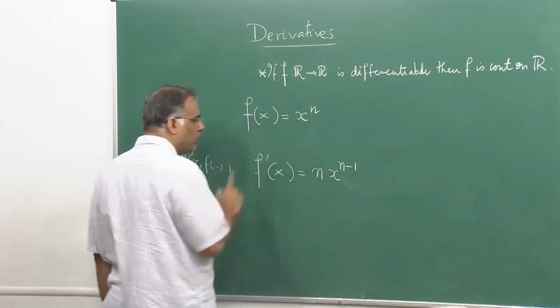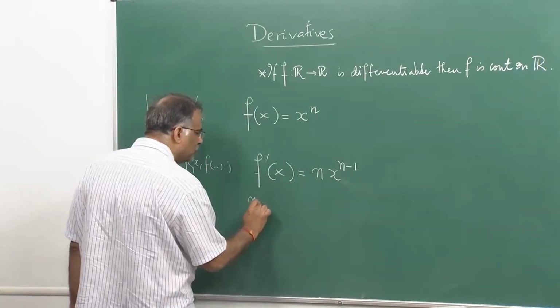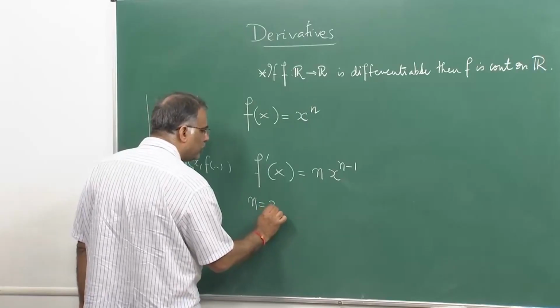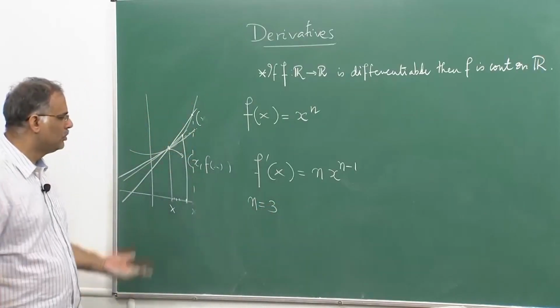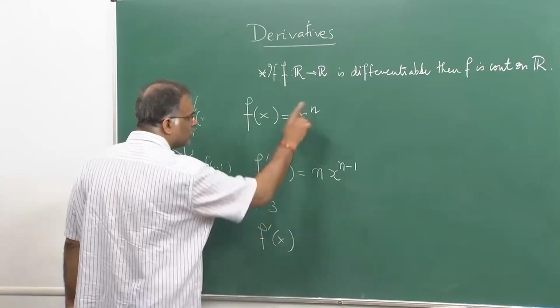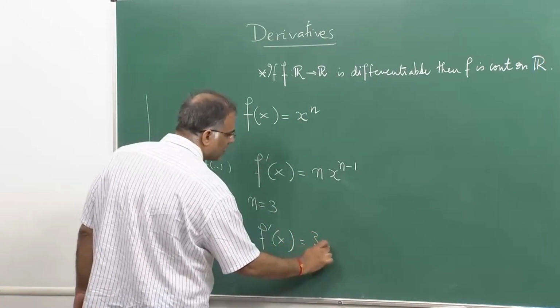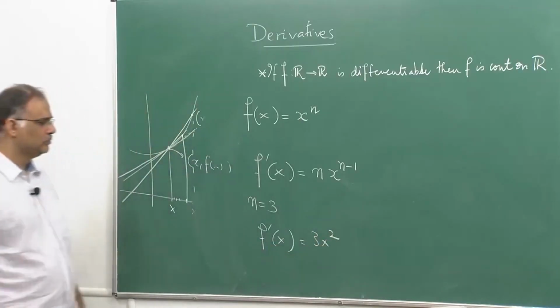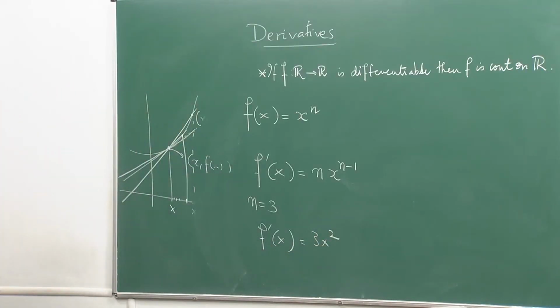It is very important to understand, suppose I take n equal to 2 or n equal to 3. By your definition, f dash x for x cubed is 3 x square. Okay.